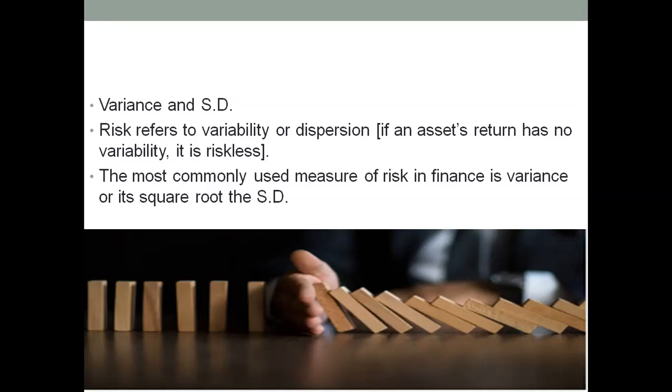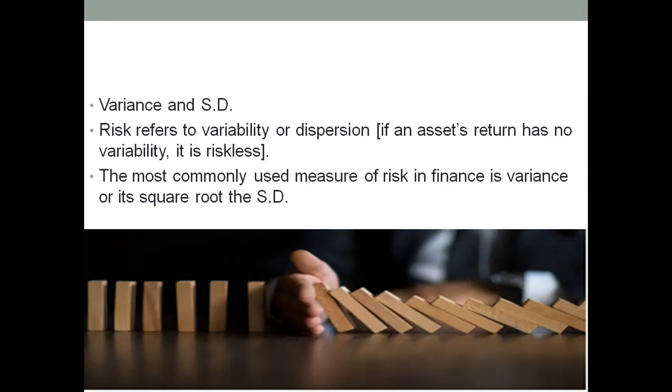Dispersion or variability means, if we are calculating the expected return, how much is the chance that the return may vary from one level to another. It may vary within a range. It will not be exactly whatever was our expectation, that we already talked about in the previous lecture.